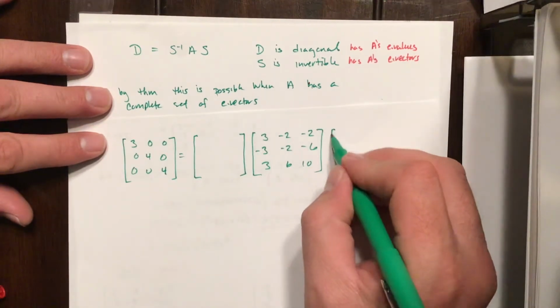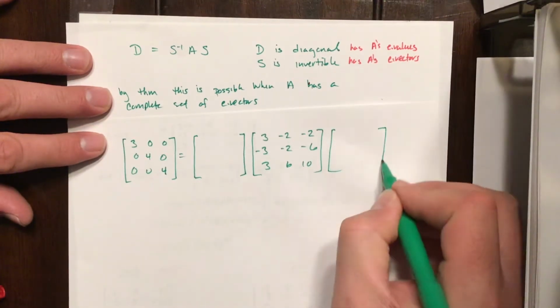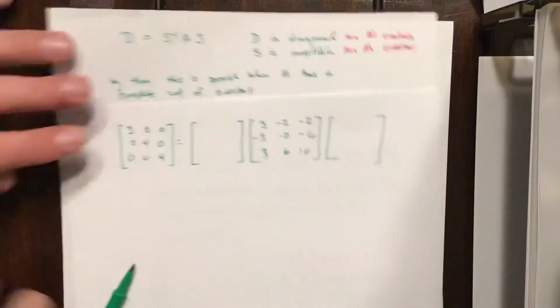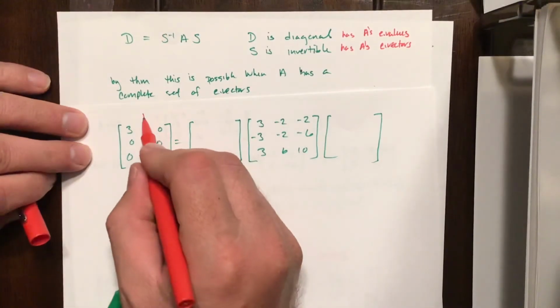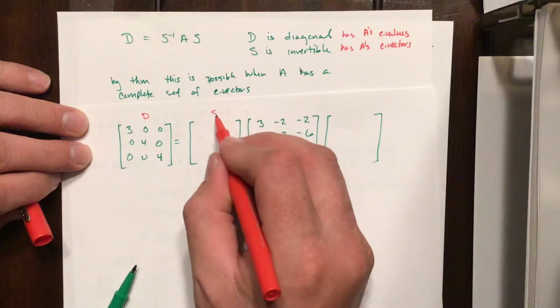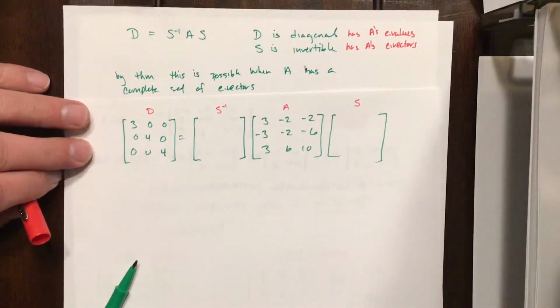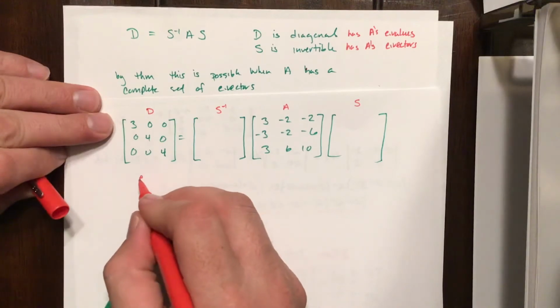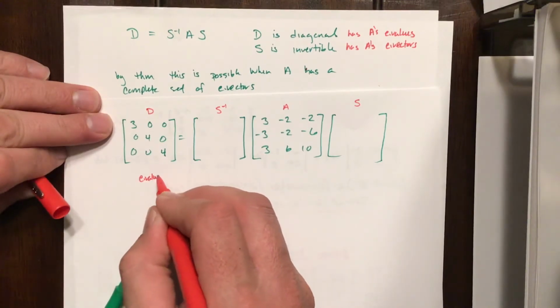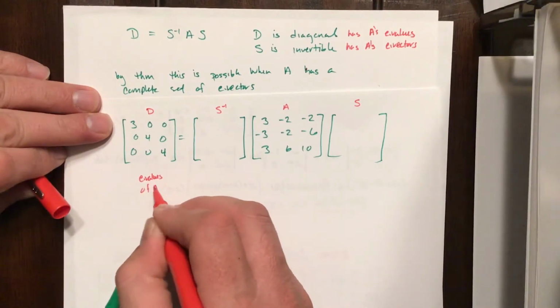Times S. So this is D equals S inverse A S. These are the eigenvalues of A.